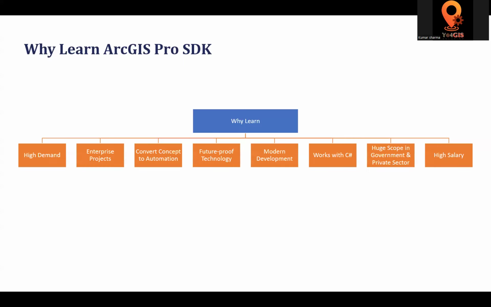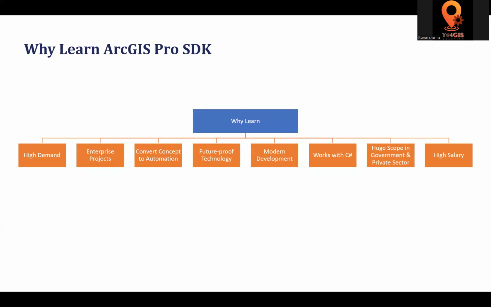Why should we learn the ArcGIS Pro .NET SDK? Because there is high demand. It is going to be used on enterprise projects. It will convert the concept of automation, future-proof technology, modern development. We are going to learn C Sharp .NET, with huge scope in government and private sector, and last but not least, there is a very good salary if we know the ArcGIS Pro .NET SDK.